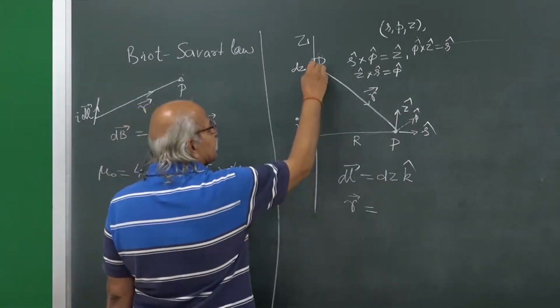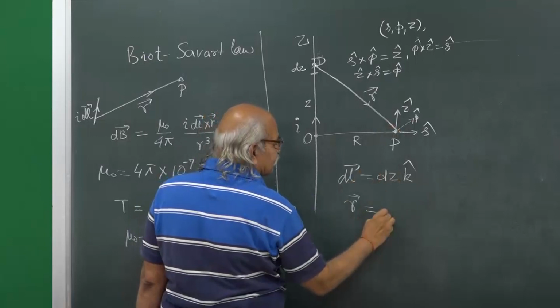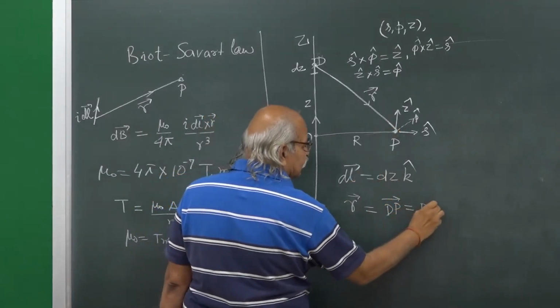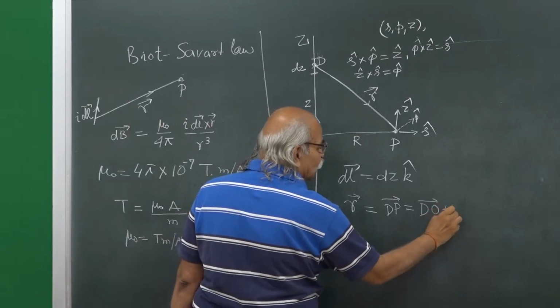So, r vector is this DP vector, and DP vector you can write as DO vector plus OP vector.